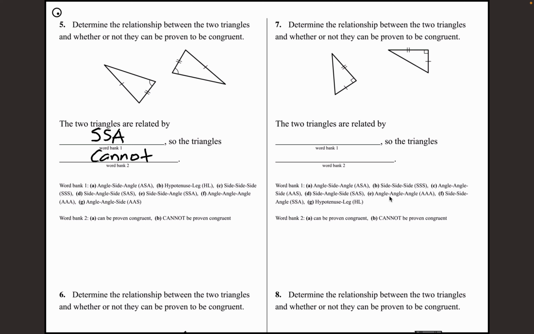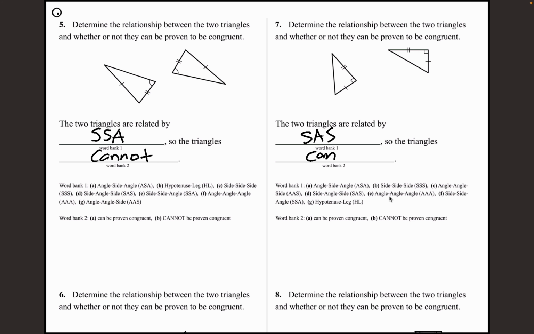So which one would this be then? Side angle side. So can these or can they not? They can. So pay attention to this one: the diagonal line, the hypotenuse, is not congruent, so that's why it's not HL.